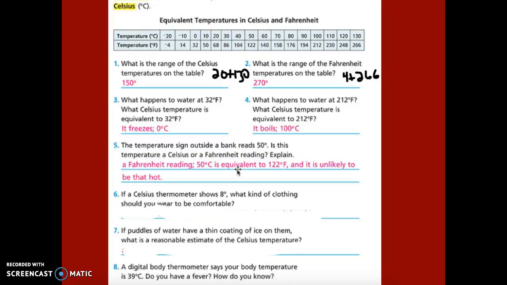The answer is it's a Fahrenheit reading because 50 degrees Celsius is 122 degrees Fahrenheit, which is really, really, really hot, right? We're not very likely to see 122 degrees. In our summers, highest we usually get is like that 102, 103, but 122 degrees would be way too hot, okay?